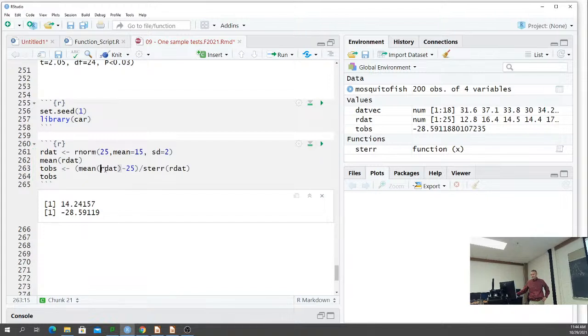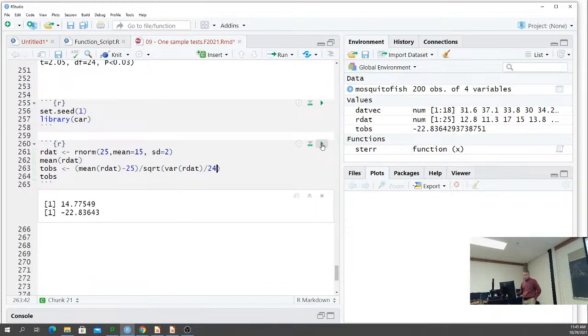Mean of r dat minus 25 over standard deviation over the square root of sample size. Let's see if we get the same one if I do that. Actually, we'll do the square root of the variance of r dat over length, 25, 24. We'll hard code it in there.